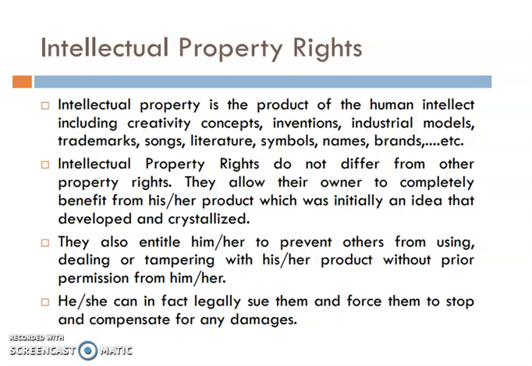They allow the owner to completely benefit from his or her product, which was initially an idea that developed and crystallized. They also entitle him or her to prevent others from using, dealing, or tampering with the product without prior permission. The owner can in fact legally sue them and force them to stop and compensate for any damages.